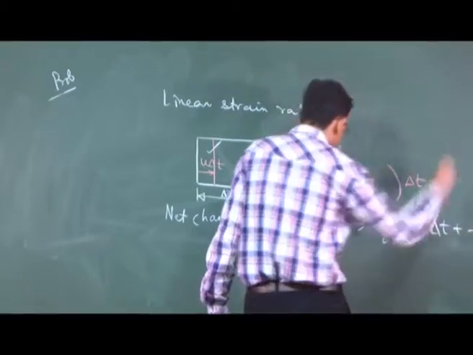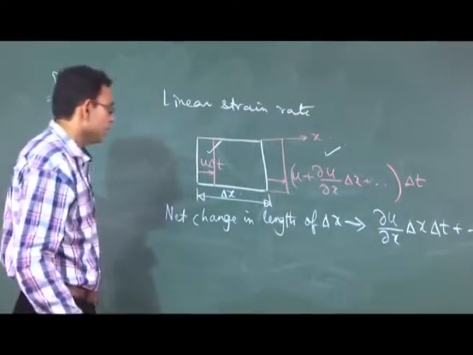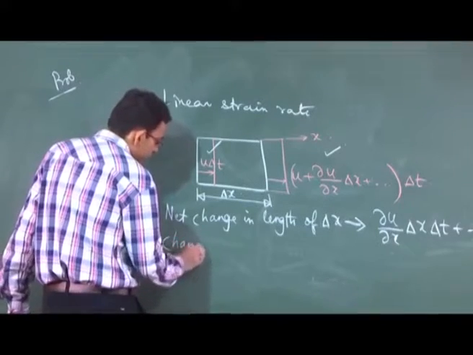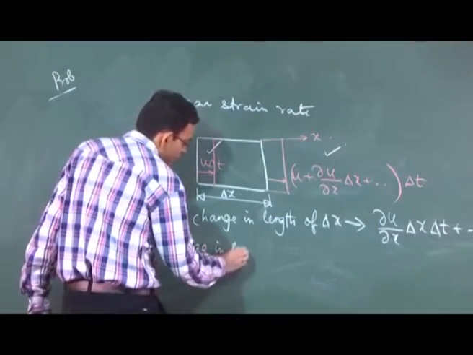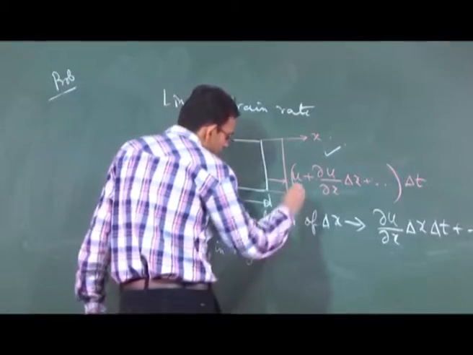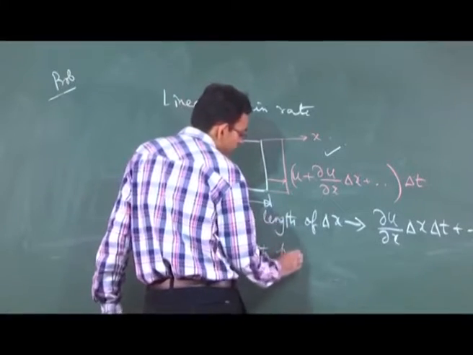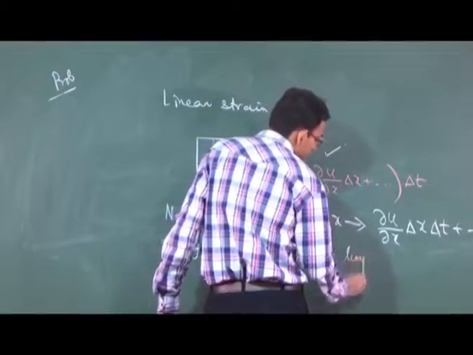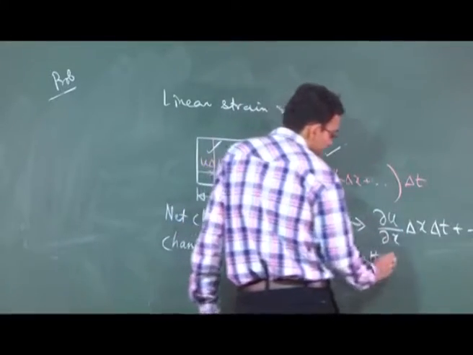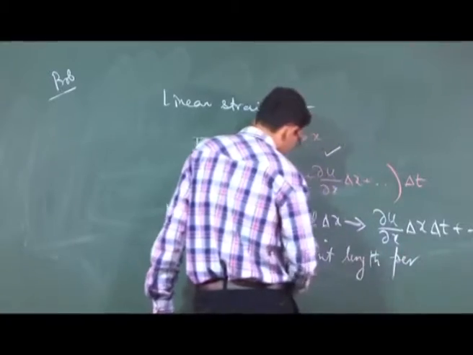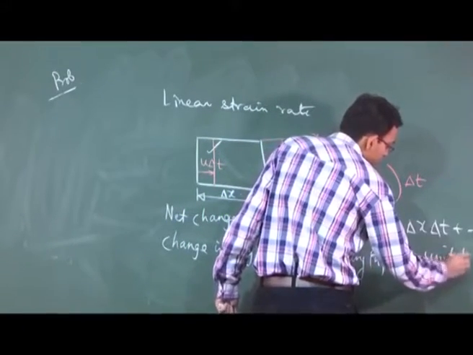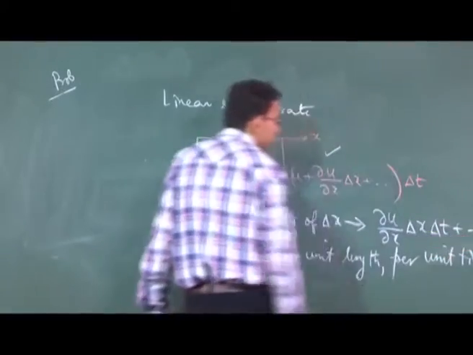Plus higher order terms. So change in length per unit length per unit time is the strain rate along x.